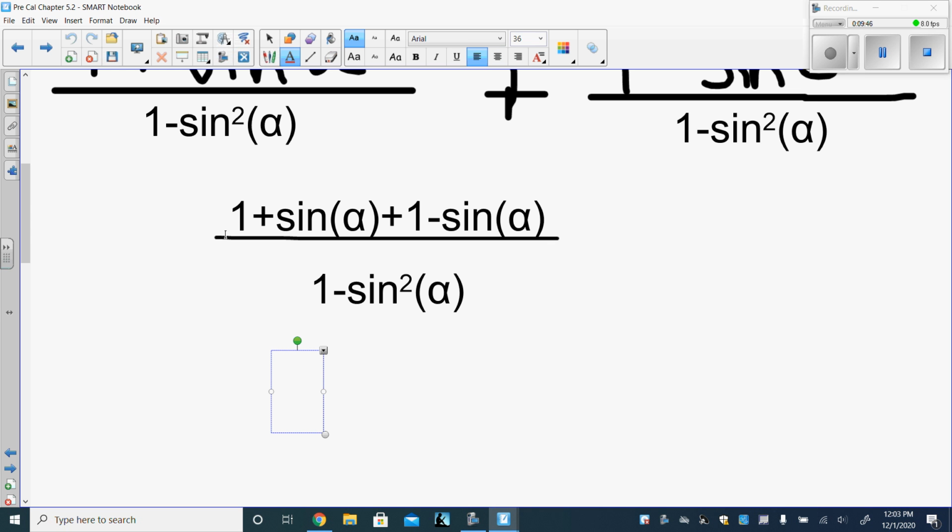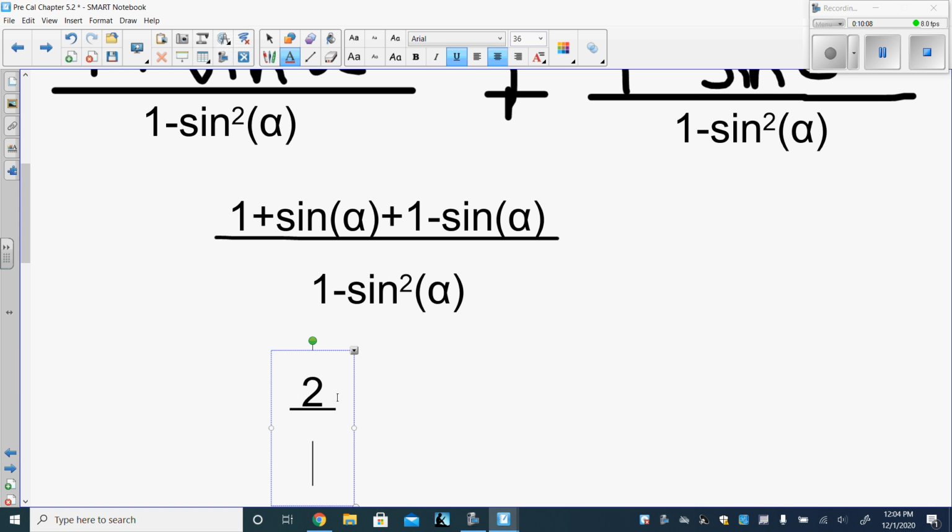So what we can do as well, our 1 plus 1 would give us 2. And sine alpha and negative sine alpha would cancel, so actually what's left on top is just going to be 2. So 2 is going to be the only thing on top.